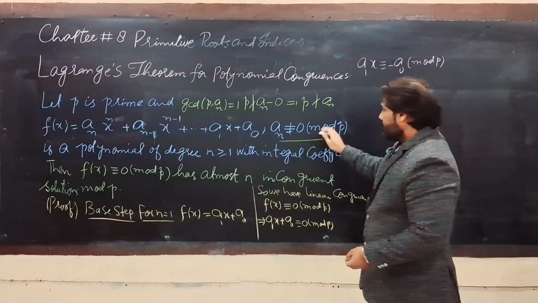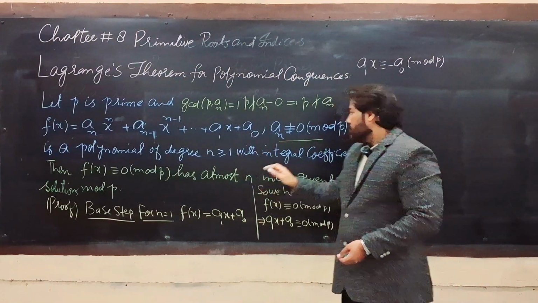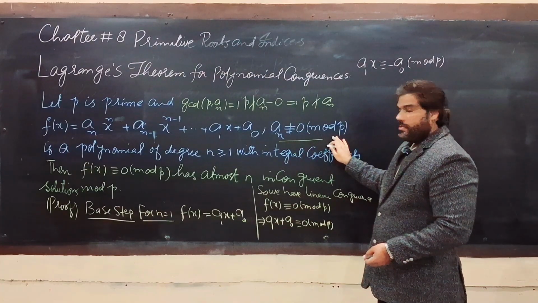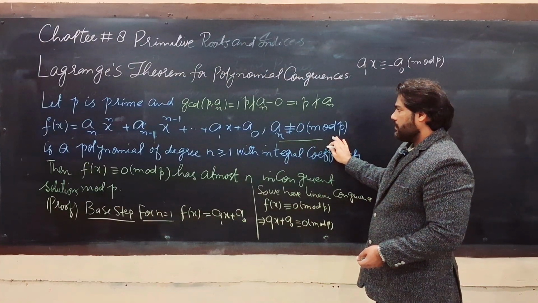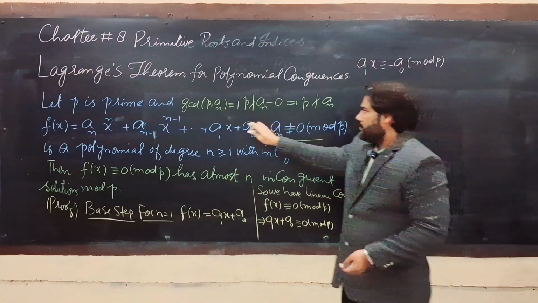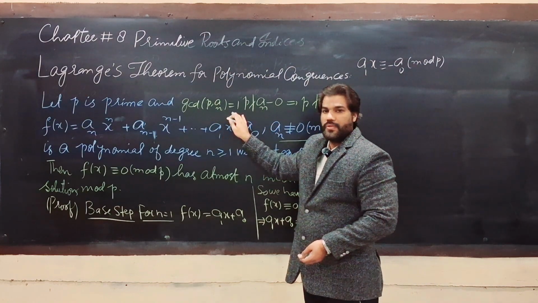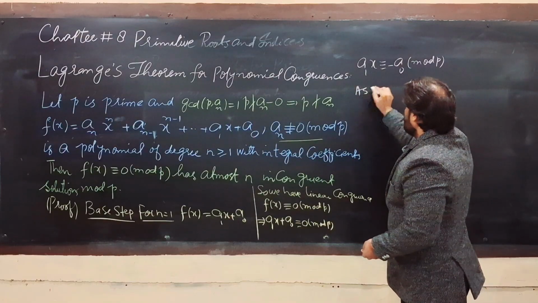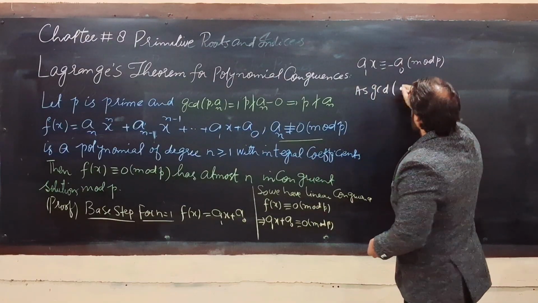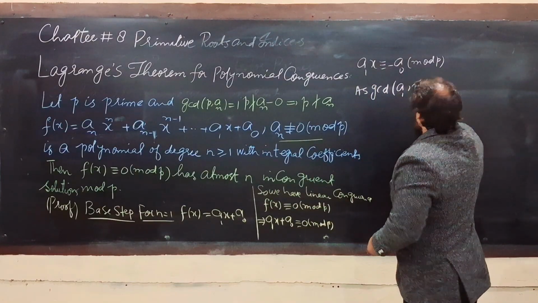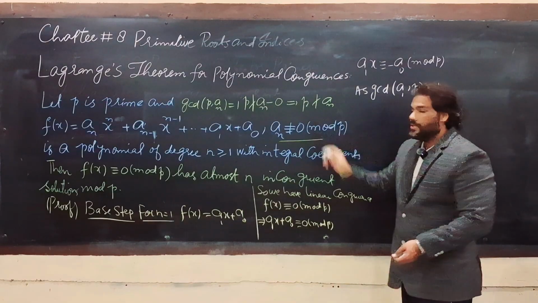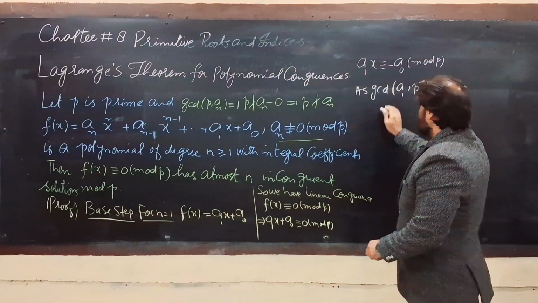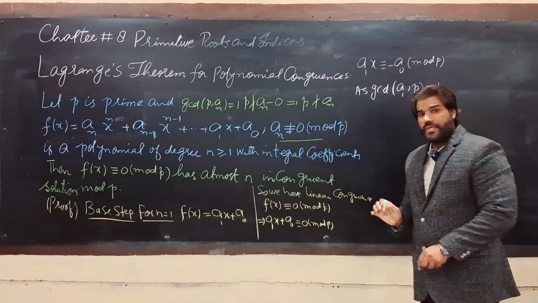As it is given in the statement that a_n is not congruent to 0 modulo p, whose alternate meaning is GCD of p and a_n is equal to 1. So here GCD of a_1 and p is equal to 1, because this result holds for every coefficient, so particularly it will hold for the coefficient of x also.